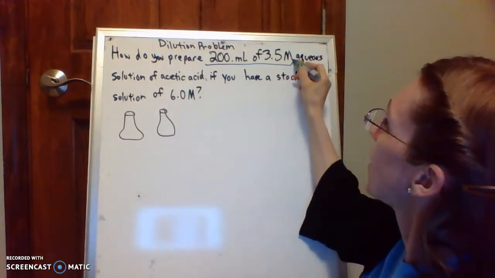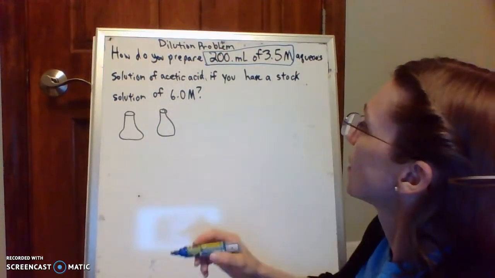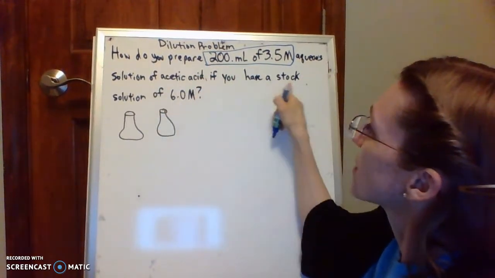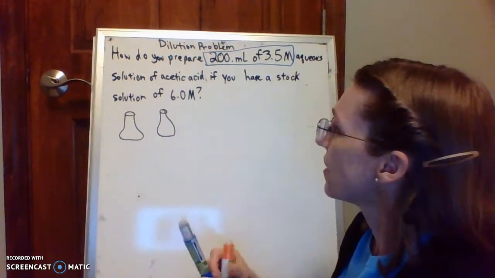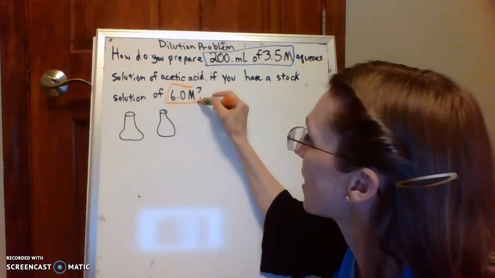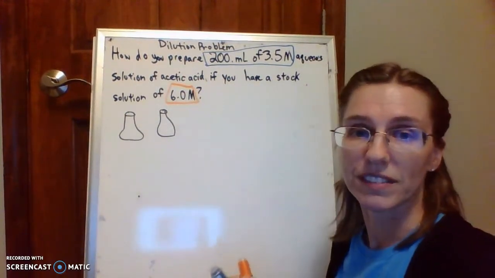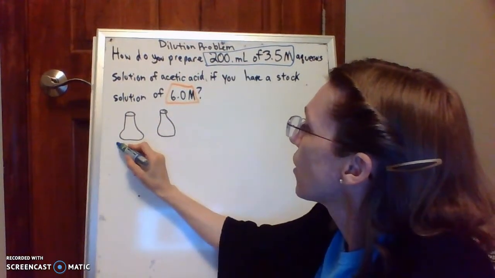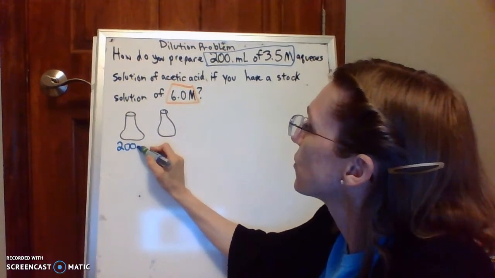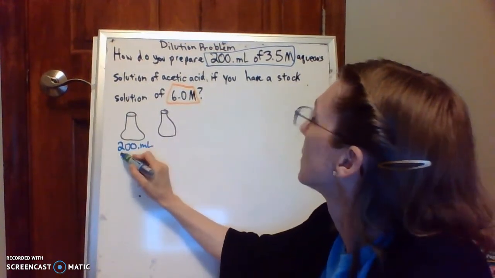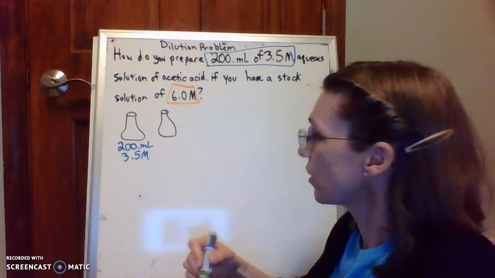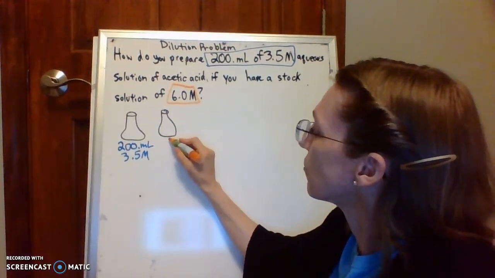So this is one solution, and we've got to prepare it from a stock solution that has a concentration of this guy. That's the second solution. Okay. So we can draw our little picture. One solution we've got 2 numbers for. The other solution we only have 1 number for.